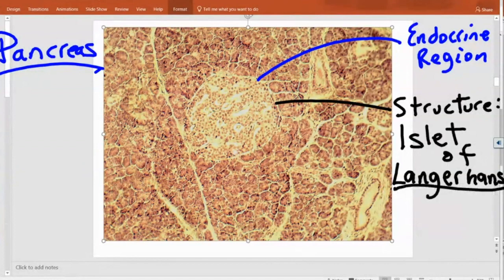Langerhans. That thing there is called an islet of Langerhans. For the endocrine system, that is our important part of the pancreas, that islet of Langerhans. Because that's the part that produces the hormones.